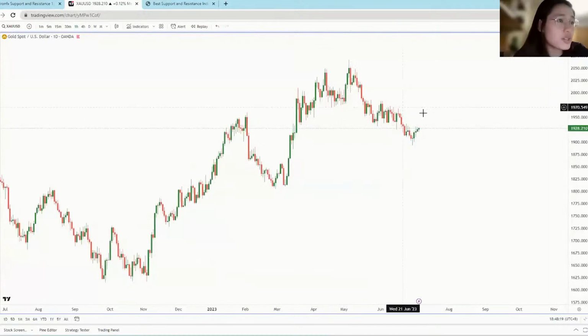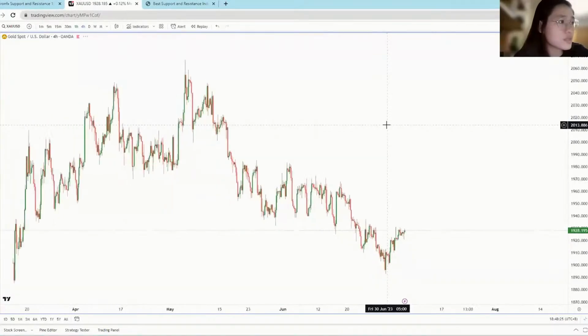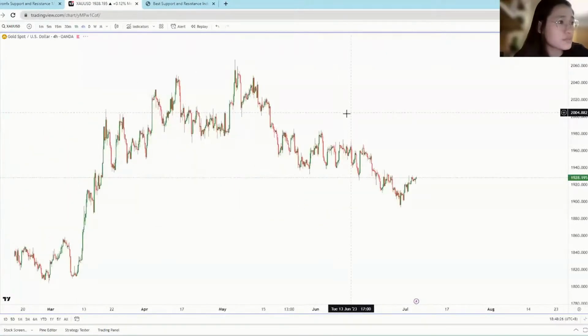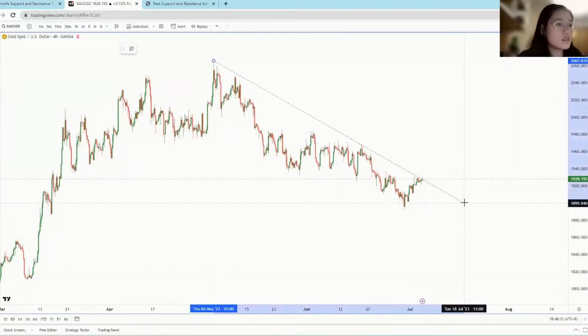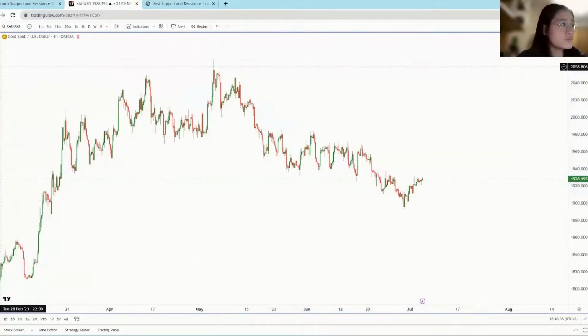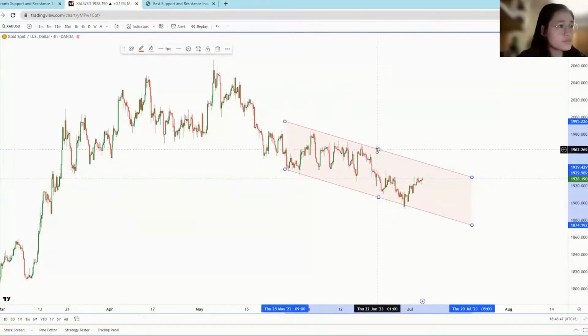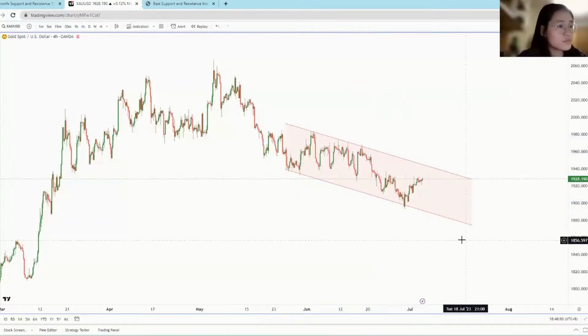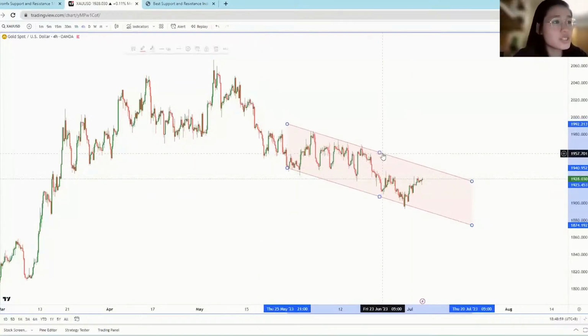Daily time frame also giving us kind of a bearish momentum. Okay, so we have a descending trend channel here.